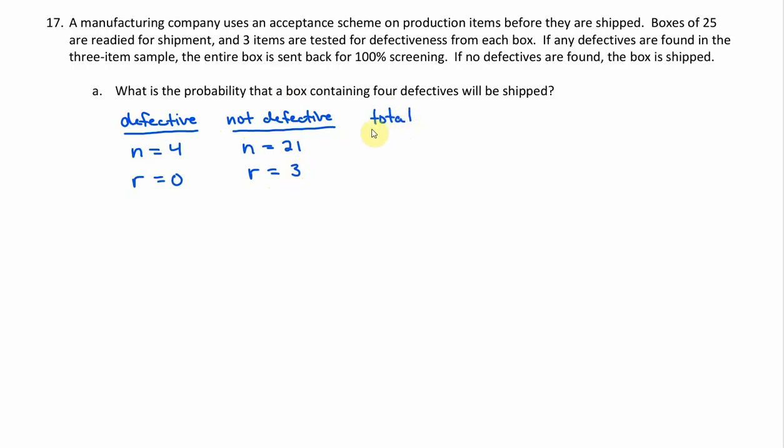So then the overall total, we have 25 items and we pick 3. And so the total is pretty much what goes in the denominator.